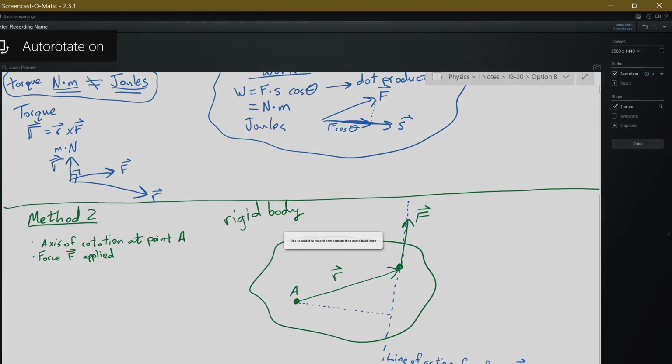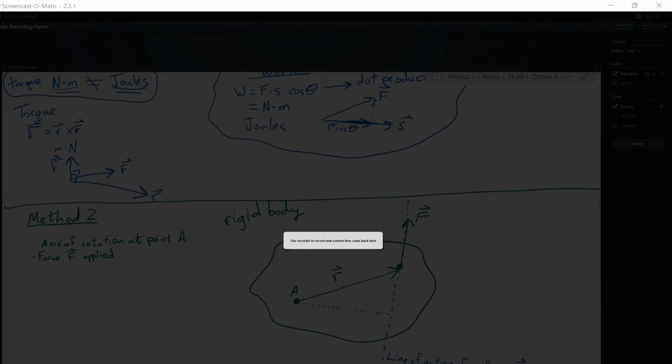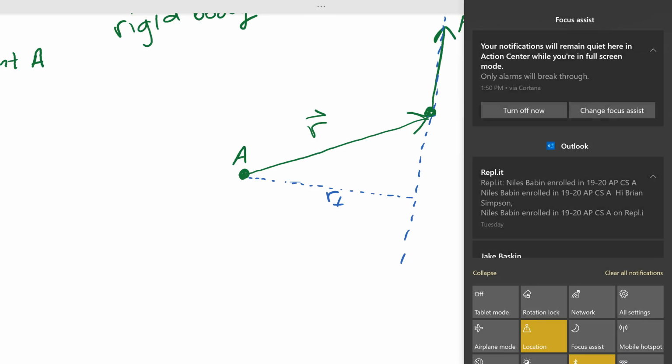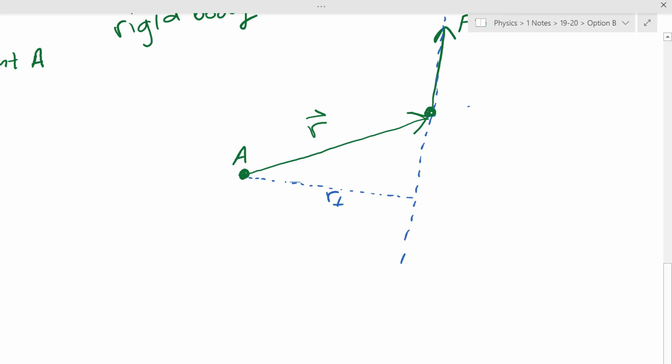So that distance will be called R perpendicular, because it's always going to be a line that's perpendicular to the line of action, and that goes through the axis of rotation.